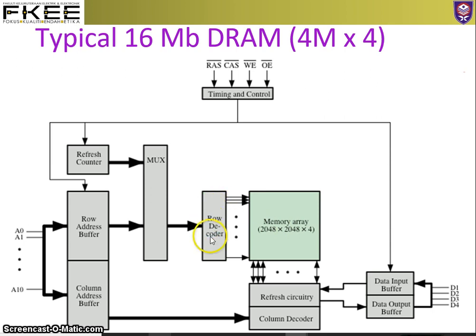You have the row decoder, column decoder, refresh circuitry, because we have a capacitor just now, and the input output buffer that is controlled by this line, which is either column or row read write operation. And this is the multiplexer because we multiplex the address over here.